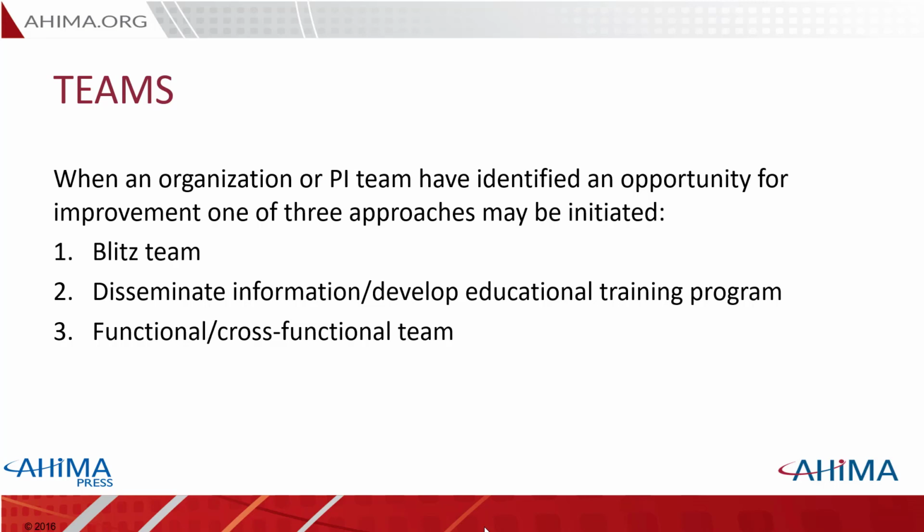The blitz team approach is used when the fix to a process problem is fairly simple and when the problem is confined to one single area or department. The blitz team typically spends very little time on gathering data, but instead focuses on solutions. The group is made up of those who are very familiar with the process or the product that needs improvement.